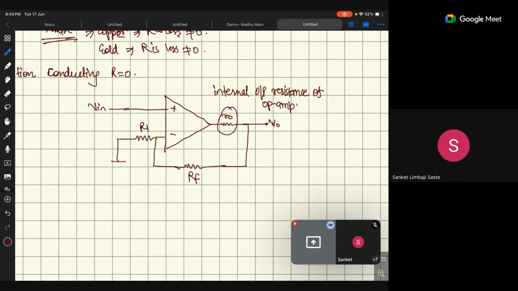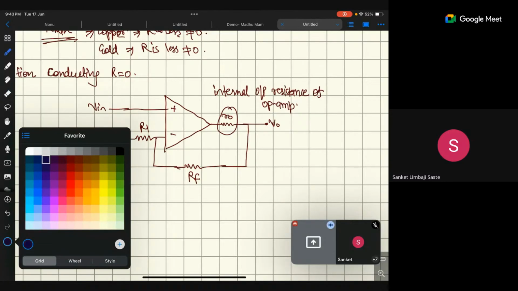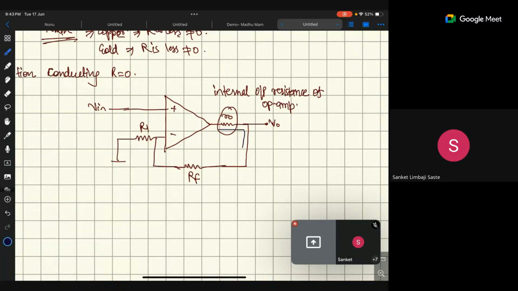Now if the current is flowing, what is the total resistance value? This is the overall resistance that will be available in the path of the current.